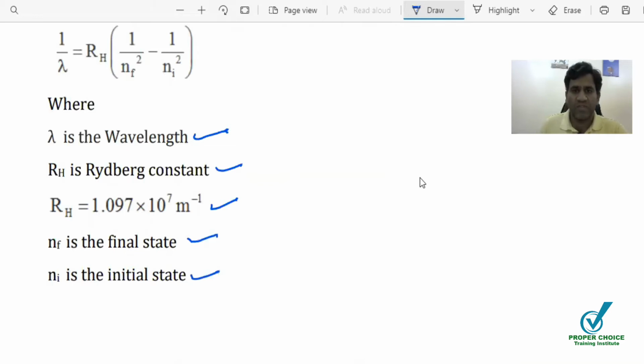I can make use of this expression: 1 by lambda is equal to the RH value, 1.097 times 10 to the power 7, in a bracket 1 by nf square minus 1 by ni square. So what is the value of nf?